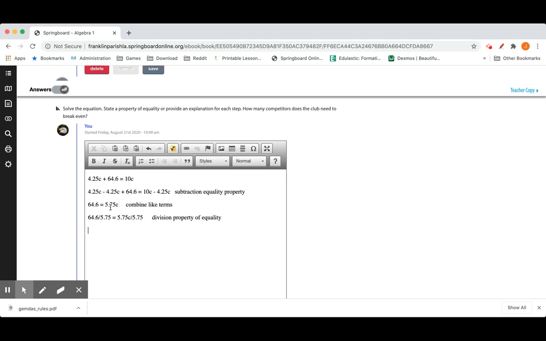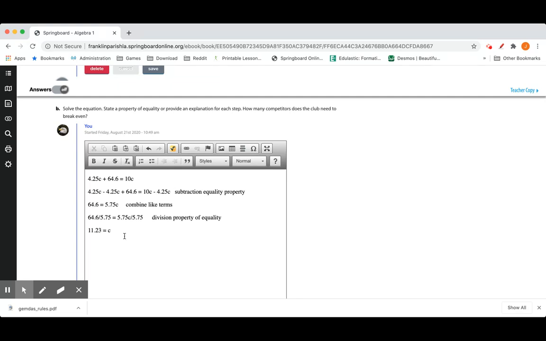Now we use our handy dandy calculator to see what 64.6 divided by 5.75 is. It's going to be 11.23 if we round. If you wanted to be exact, it is 11 and 27 over 115.